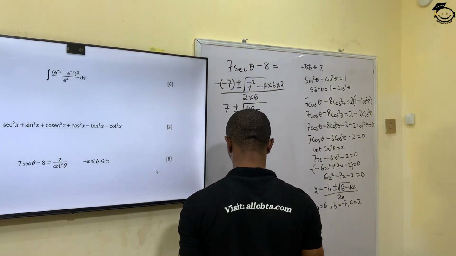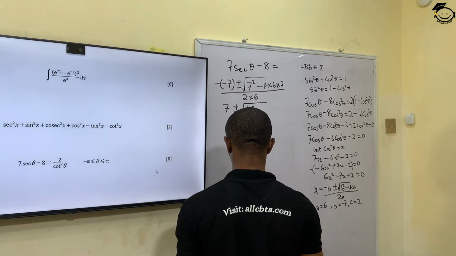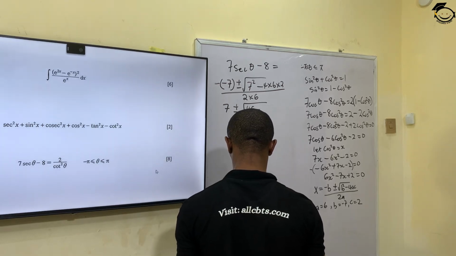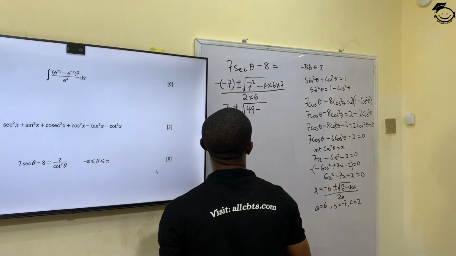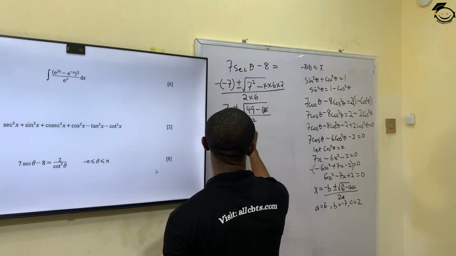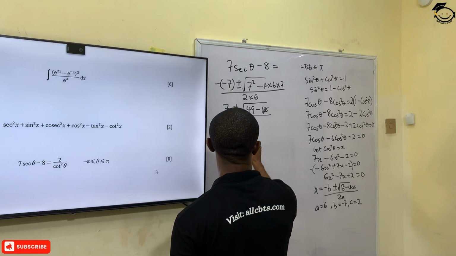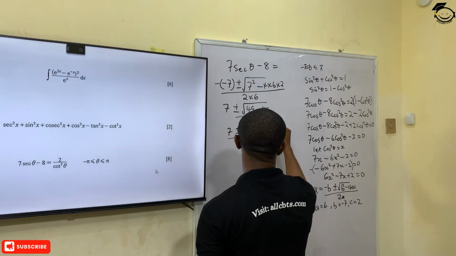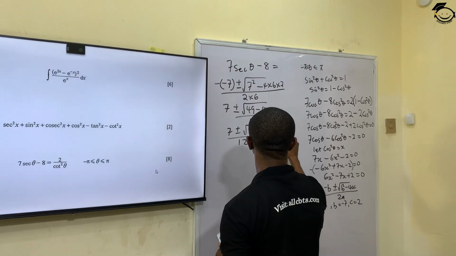So 49 minus 48 would give us 1, so we have 7 plus or minus root 1 all over 12. So this becomes 7 plus or minus 1 all over 12.